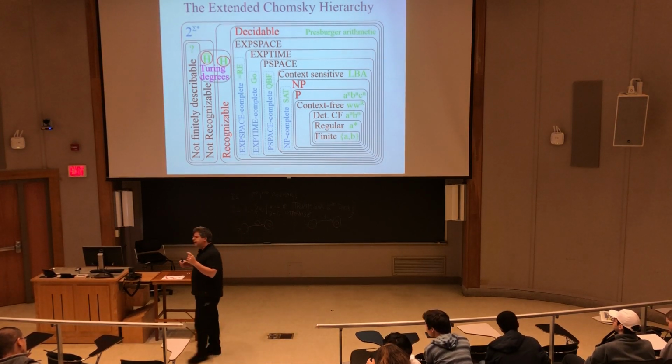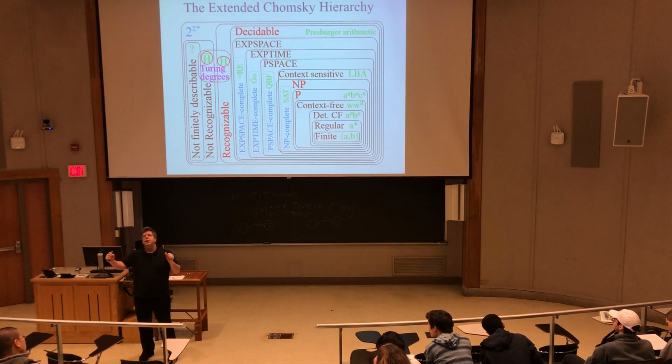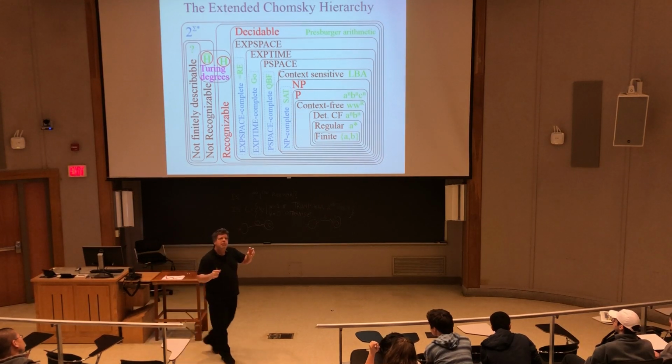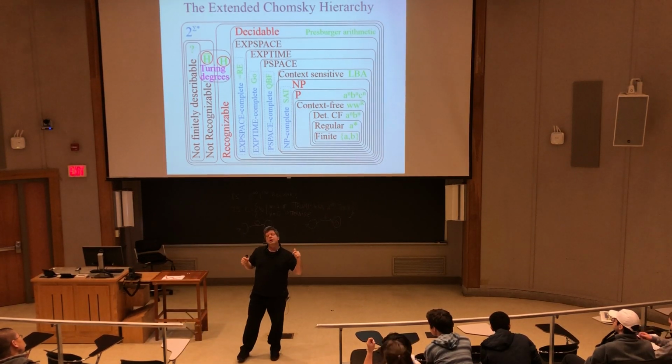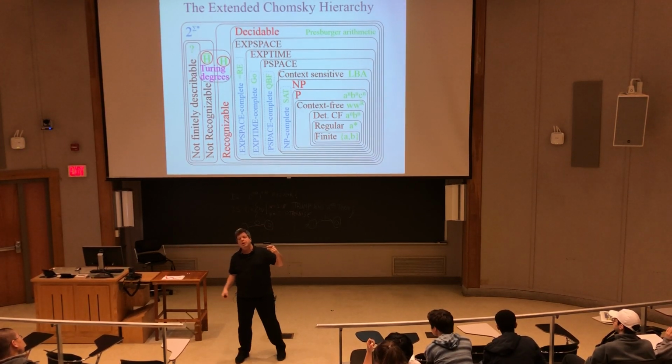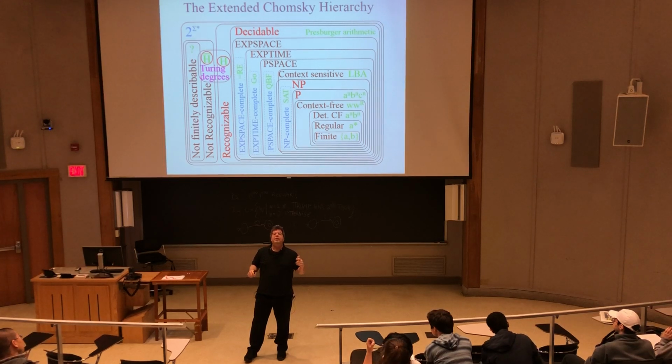I'll repeat it. If a language is recognizable, that means there's a Turing machine that recognizes all the yes instances but can run forever on the no's. If the complement of the language is recognizable, there's a Turing machine that recognizes the yeses of the complement, which means the no's of the original language, and maybe runs forever on the others.